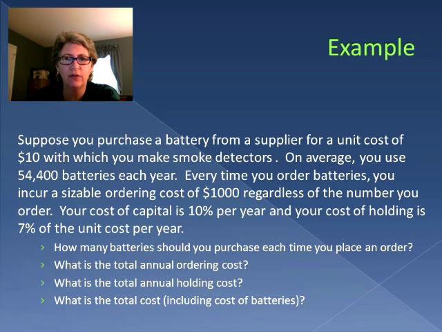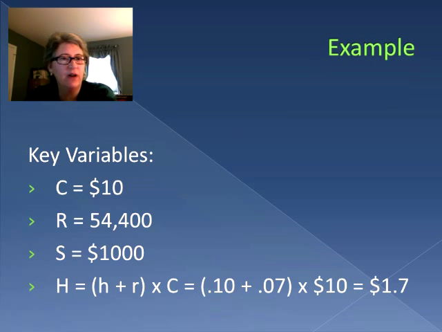Let's step through this. Here are key variables. C, the cost per unit, is $10. R, our annual demand or annual throughput rate, is 54,400. S, our setup cost every time we place that order, is $1,000. And we need H, which is the overall holding cost.